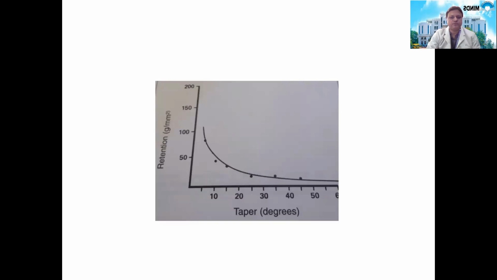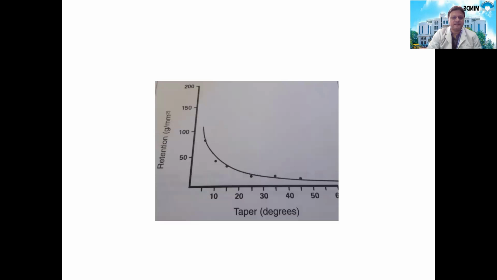This is a graph which shows the retention achieved by your restoration according to the taper given. You can see retention in grams per millimeter square. We have very good retention of more than 100 when the taper is less than 10.